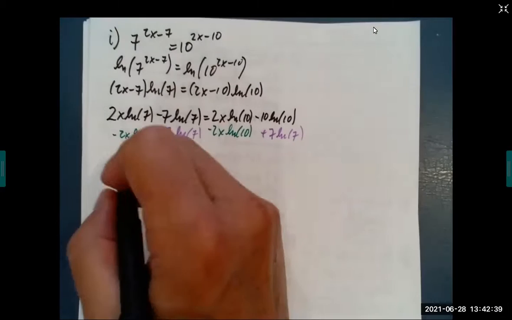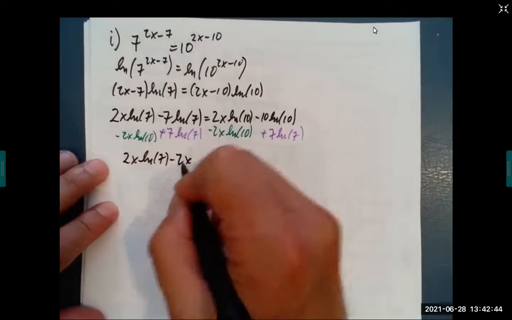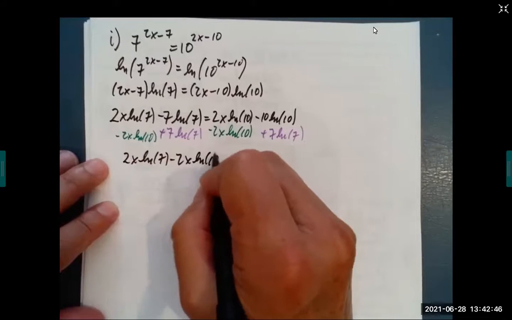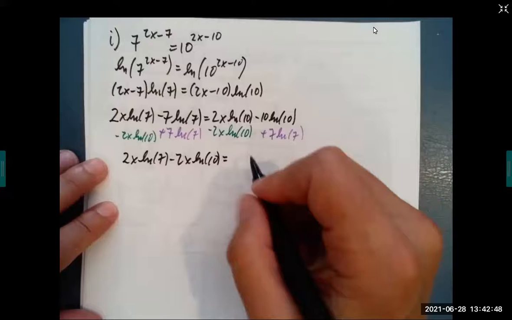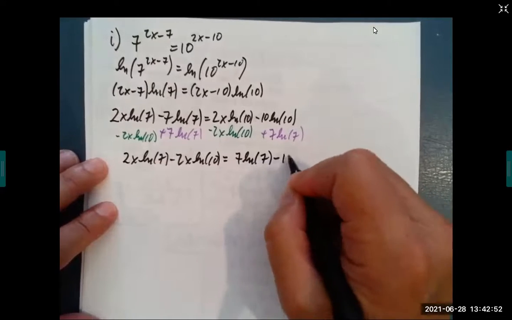Resulting in 2x ln of 7 minus 2x ln of 10 equals 7 ln of 7 minus 10 ln of 10.